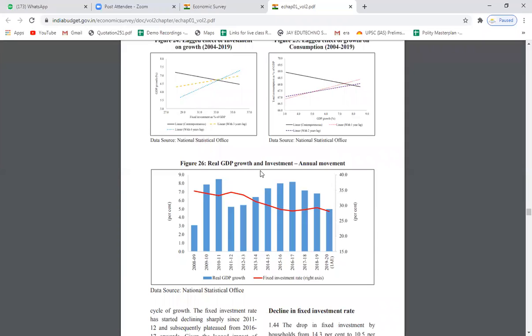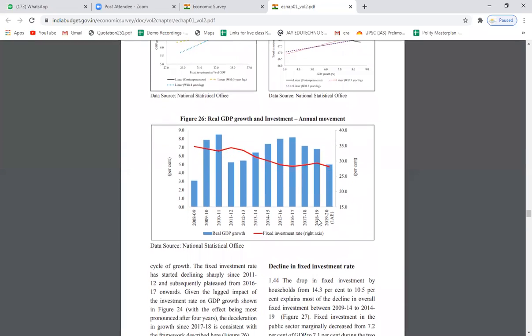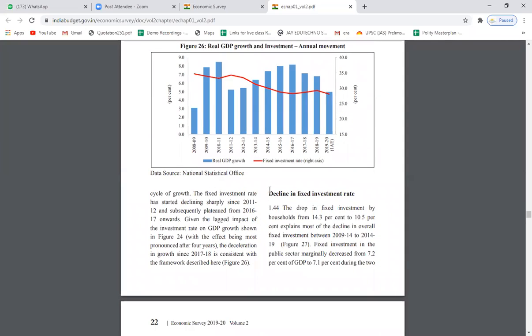Real GDP versus the investment: the red line is about the investment rate, and these bars are about the growth rate. So here you can easily understand whether the GDP is increasing or the investment is decreasing. You have to compare between these two.